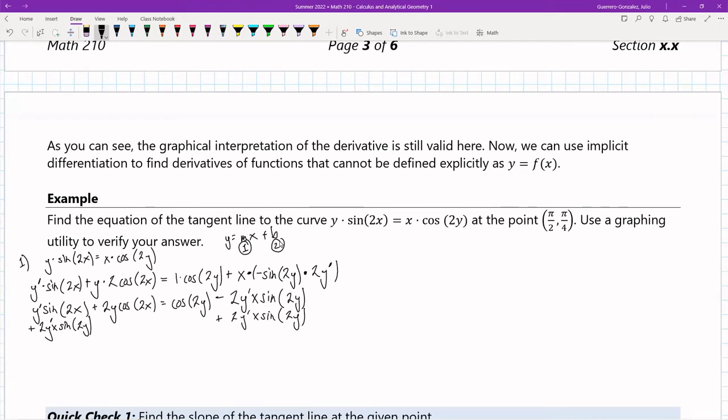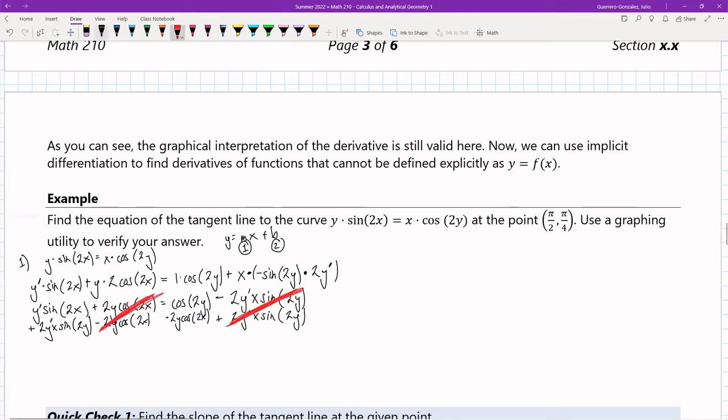This is the only thing on the left-hand side that doesn't have a y prime. So I'm going to throw this to the other side. So it's going to be minus 2y cosine 2x on both sides, right? So this cancels on this side, and then this cancels on this side.